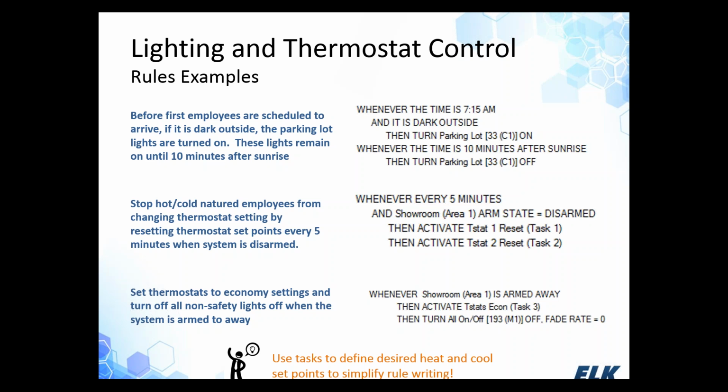Now, here's one that if you've ever been around in an office or a setting, or if anybody's married out there, you know, my wife and I live on 2 different temperature ranges, apparently. I'm more warm-natured than her. This is great for an office environment or whatever. You've got people constantly touching the thermostat. It drives me nuts. What you can do is have the M1 automatically change that thermostat back to where it's supposed to be set every 5 minutes.